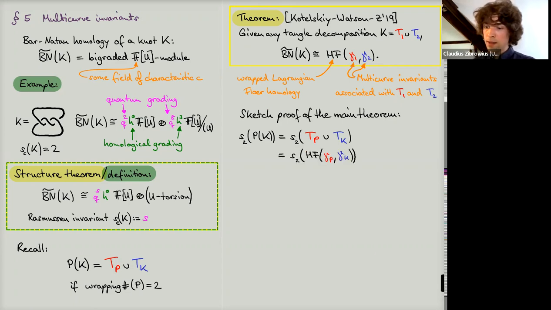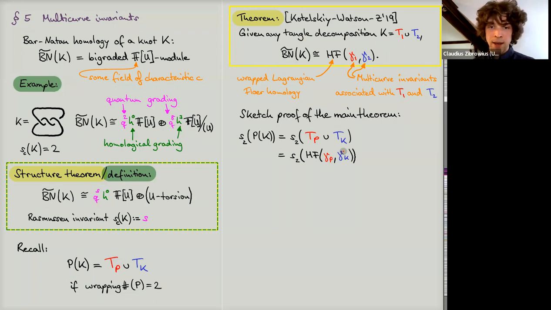If we want to compute the S invariant of this knot, it suffices to extract the S invariant from the Bar-Natan homology, from this wrapped Lagrangian Floer homology of the 2 pieces: the multicurve associated with the pattern and the multicurve associated with the companion.